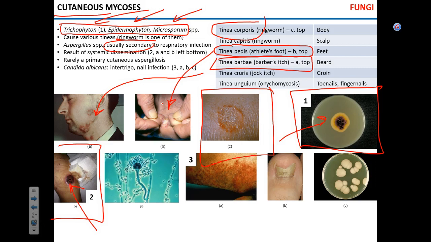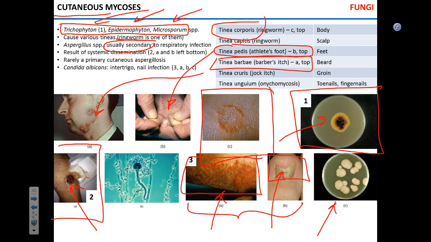Candida. So this is Candida albicans growing on the Sabouraud agar. And this is cutaneous candidiasis, Candida albicans on the nails. So this is fairly infrequent. This is pretty frequent. Candidiasis of the nails. You also know this disease as an infection of the mucosal membranes.